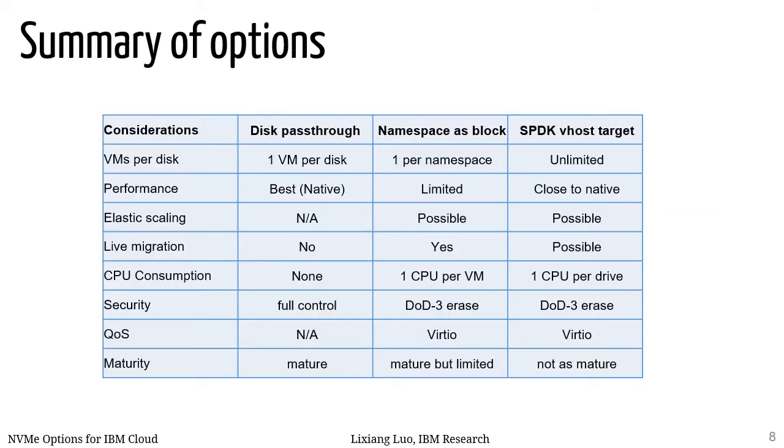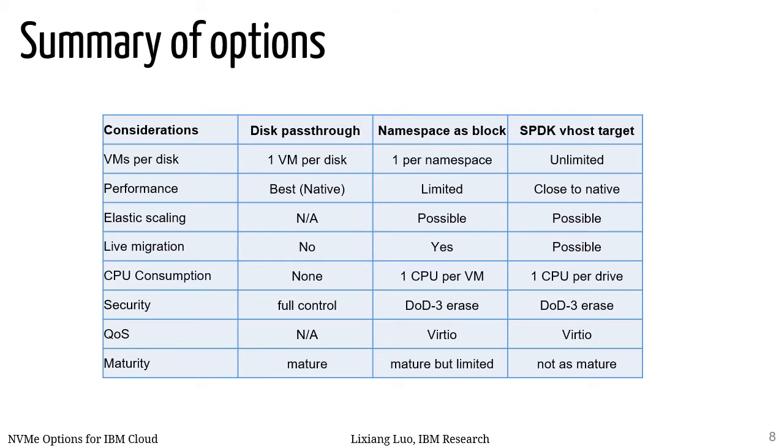So here is a table summarizing the pros and cons of different NVMe virtualization options. There are several considerations such as sharing, performance, scaling, live migration, CPU consumption, security, quality of service, and technology maturity. And we can see that there's no clear winner here.